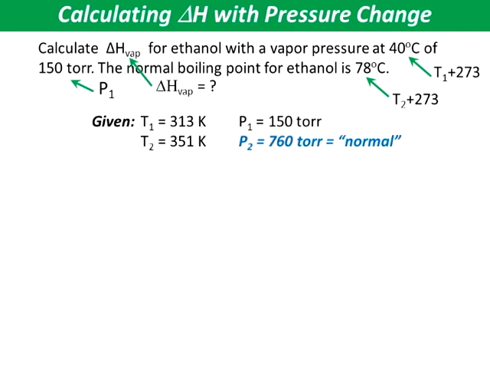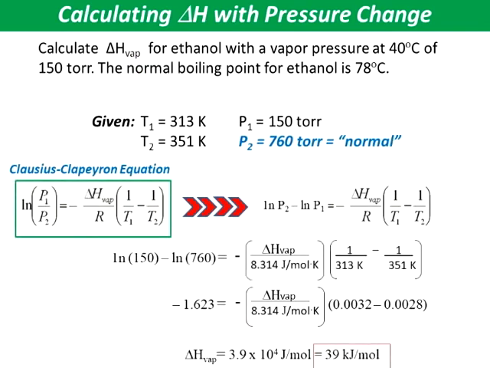Note also that the term normal defines the pressure at 78 degrees C. Normal pressure at 78 degrees C for ethanol is 760 torr, or 1 atmosphere. So be aware of the term normal. Normal tends to mean 1 atmosphere, or 760 torr, or 760 millimeters of mercury.